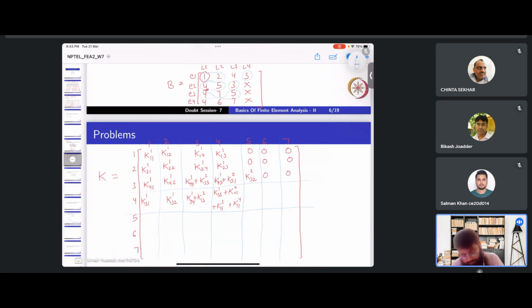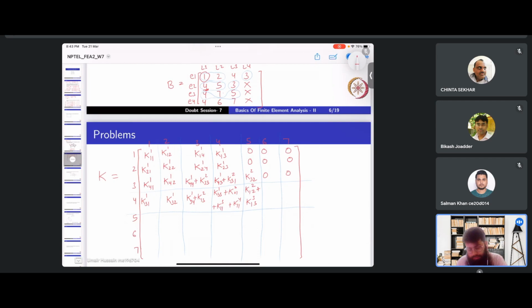So 45 contribution comes from element 2. 4 is local node 1 and 5 is local node 2. And again 45 contribution comes from element 3, where 4 is local node 1 and 5 is local node 3, right?